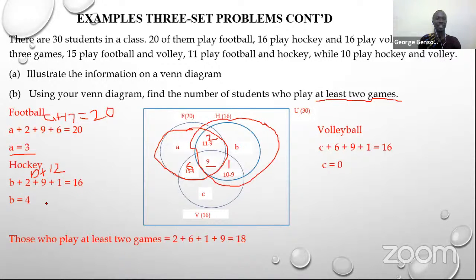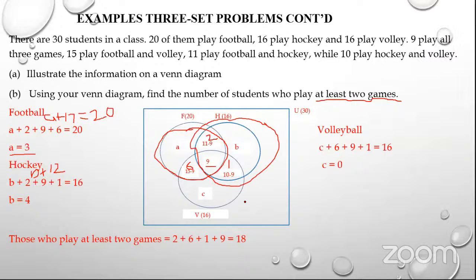Subtract 12 from both sides, and that gives us 4. Then for volleyball, the same applies: C plus 6 plus 9 plus 1 equals 16. So 16 minus 16 is 0, which means C is 0.